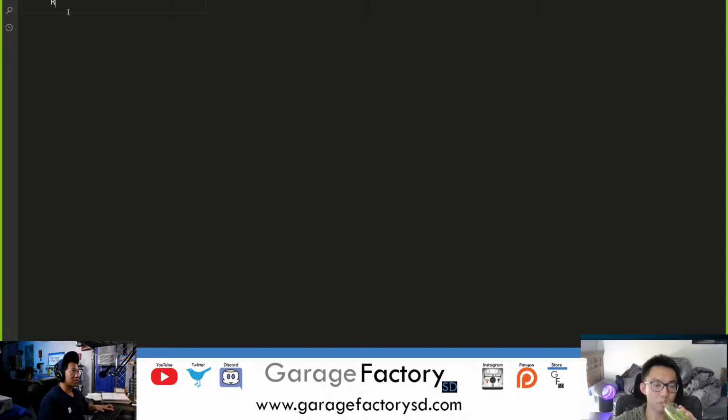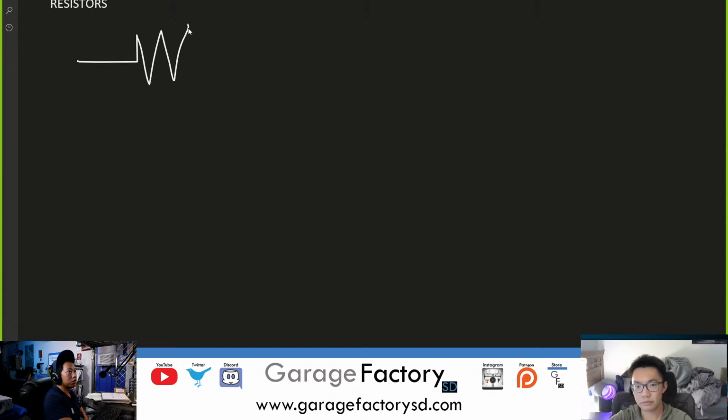Alright, resistors. Let me blow this up. Alright, so the resistor is drawn like so. This is a resistor symbol.